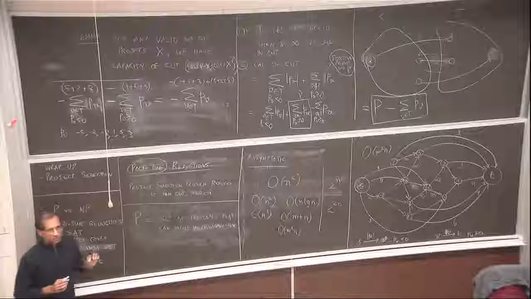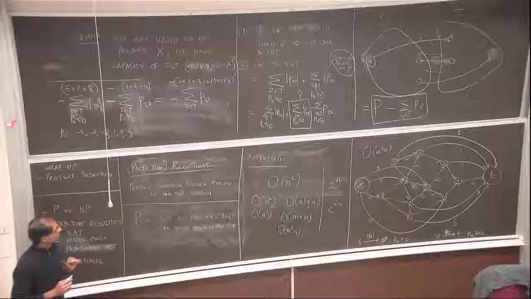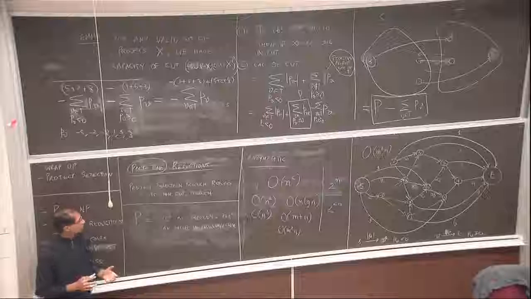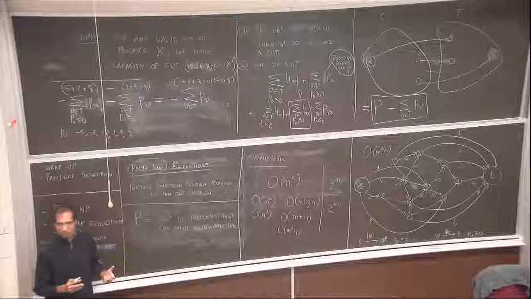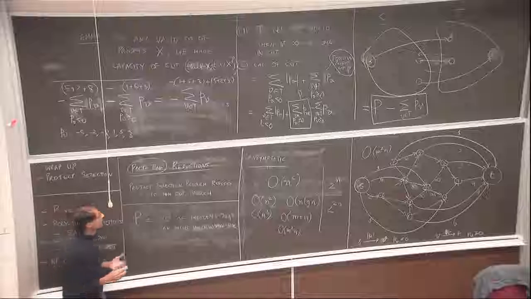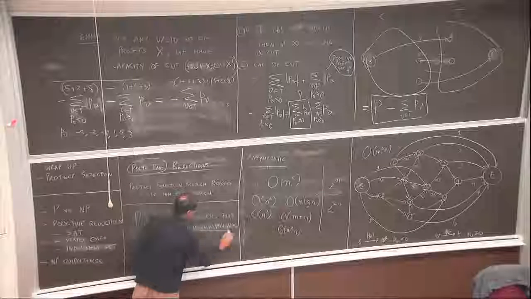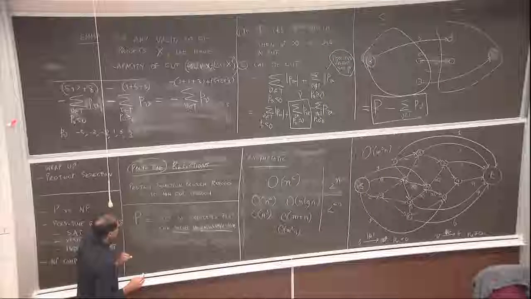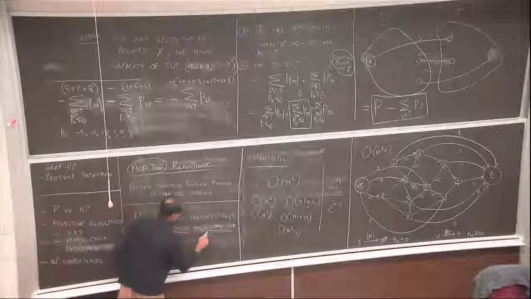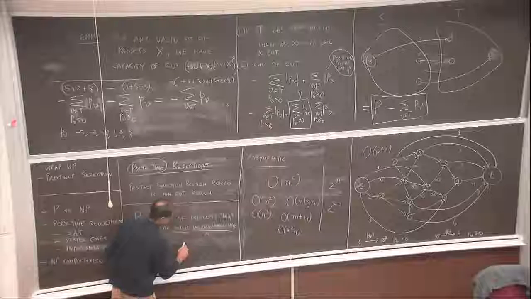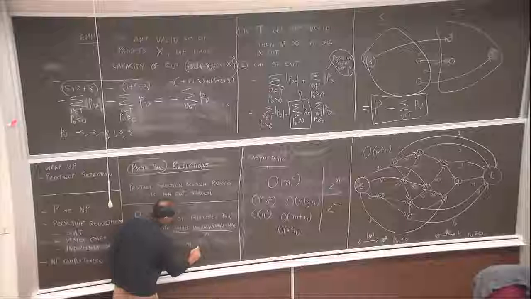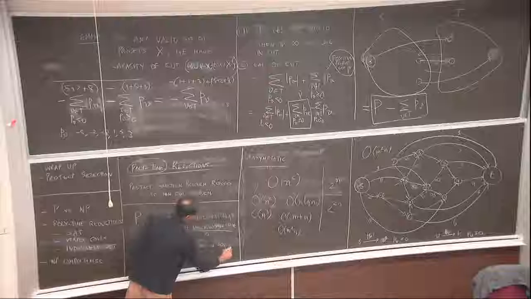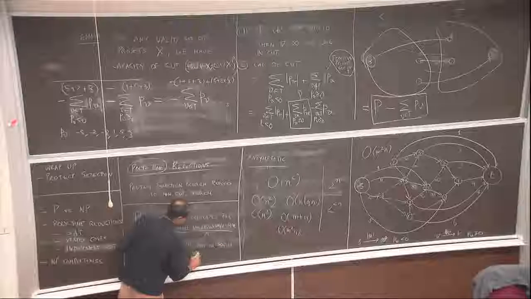To make this definition more crisp: what do I mean by polynomial time? What do I mean by solve? It's very clear for most problems, but let's be precise. When we talk about polynomial time, we'll always make sure that we're talking about time polynomial in the size of input.